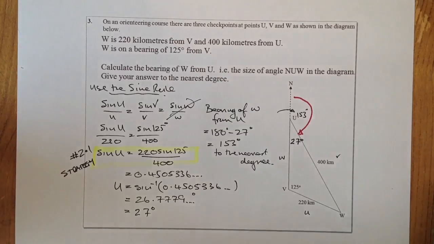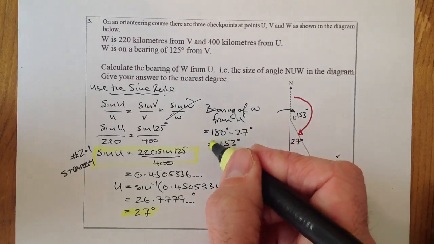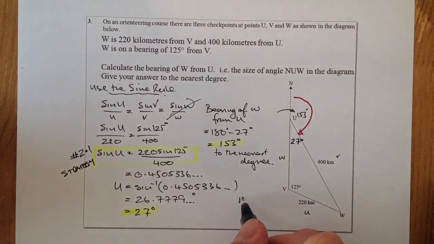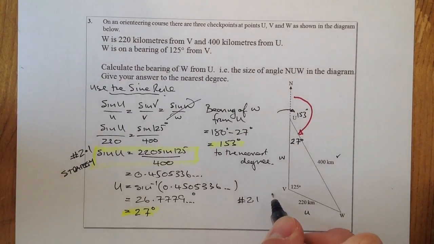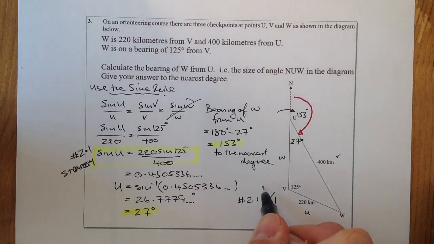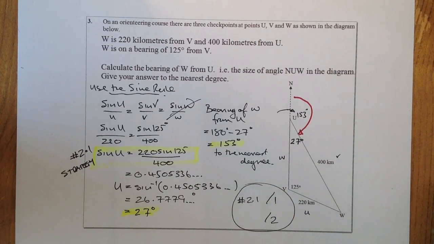I'll get 1 mark for getting down to here, the 27 degrees, and a further mark for the final answer. So we have a 2.1 mark out of 1, and a mark out of 2 for the rest of the question. So there are 3 marks for this one. That's the end of standard 1.1, and we need half marks to pass this.